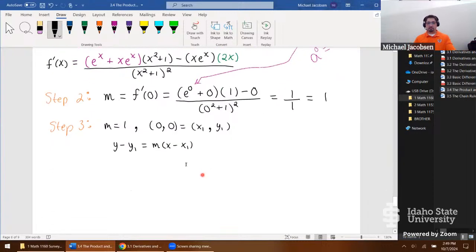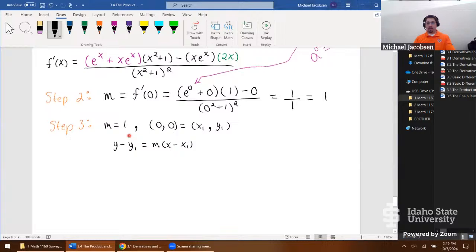So from down here, we're just plugging in information. y1 is 0 and x1 is 0, so it's a pretty fast evaluation. It turns into y minus 0 equals the slope m, that's just a 1, times x minus 0. So the whole equation turns into just y equals x upon simplifying.